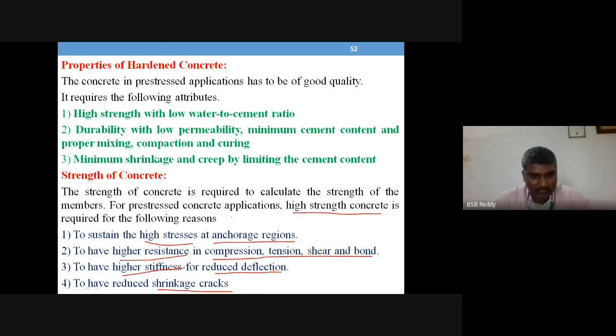Whereas for the preparation of a pre-stressed concrete member, we talked about in the initial sessions itself that for the pre-stress to be induced in the member, we need high strength concrete and high tensile steel. So this is the foremost fundamental requirement.